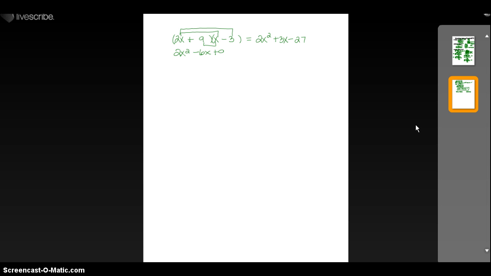See what happens when we change the places of what gets multiplied by the 2? So I get 2x squared minus 6x plus 9x minus 27. So 2x squared plus 3x minus 27. Got it. So my final answer is 2x plus 9, x minus 3.